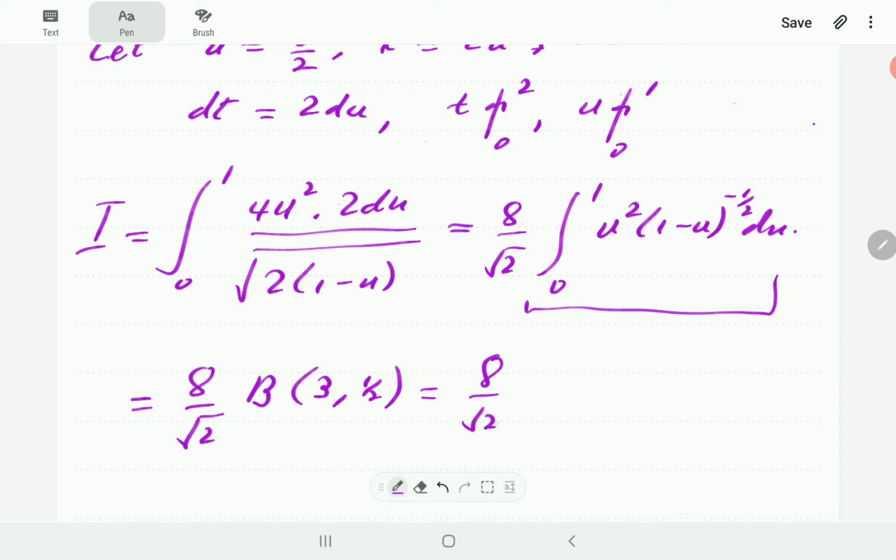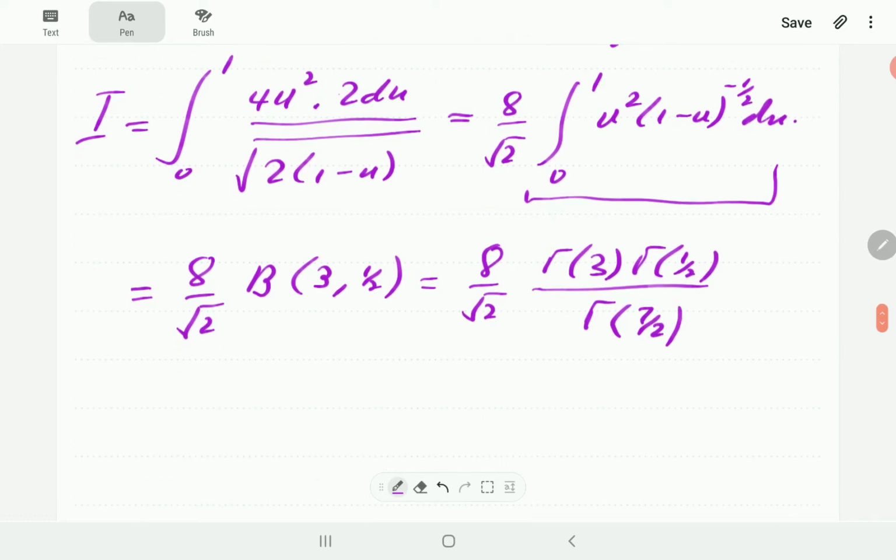So this is 8 over root 2 times gamma of 3 times gamma of 1 half divided by gamma of 3.5. 3.5 is 7 on 2. Then the gamma function of 3 is 2 factorial.